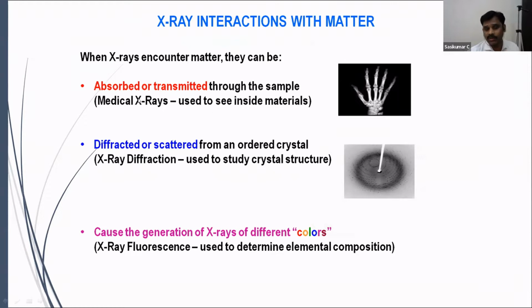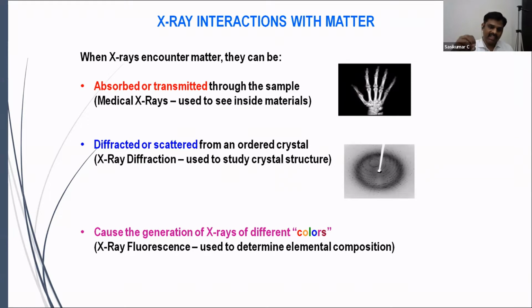Whereas if you want to identify the structure, what is the atomic arrangement or the crystal structure of the material, you need to look into the diffracted pattern, how X-rays are diffracted from a crystal. That will give you information about the crystal structure of the material.